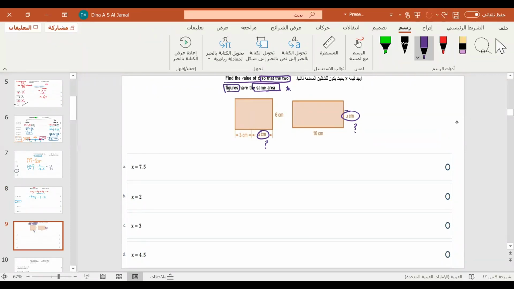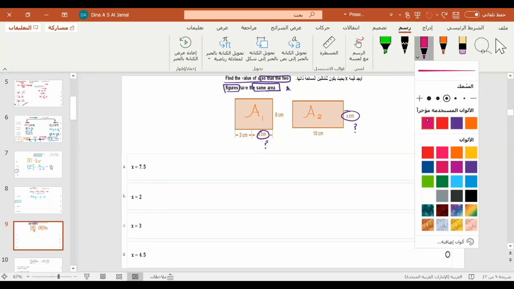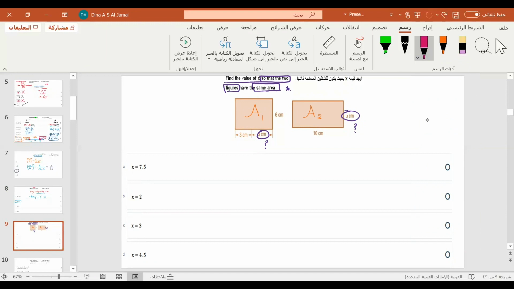From the words same area, that means you must make an equation to equate both areas. So area 1 must be equal to area 2, so they can be having the same area, and I can solve them.